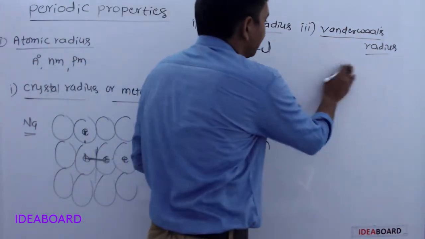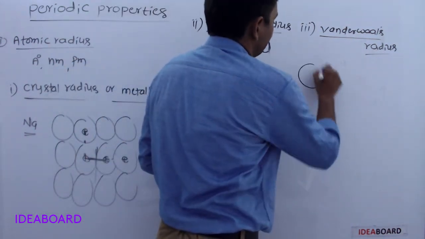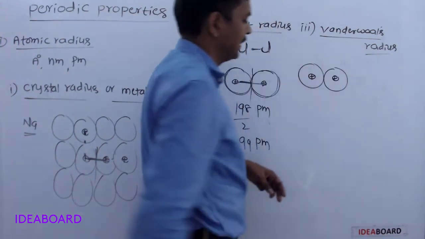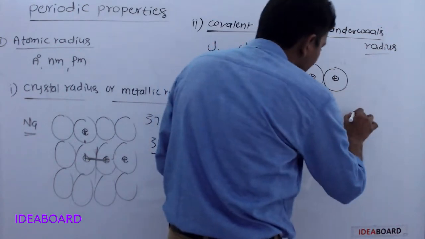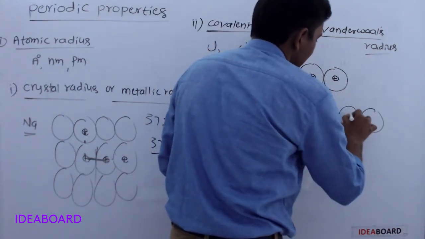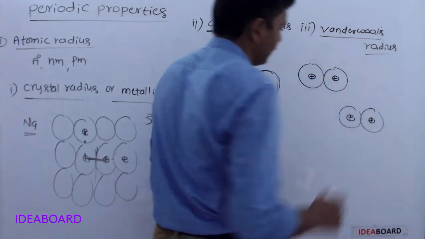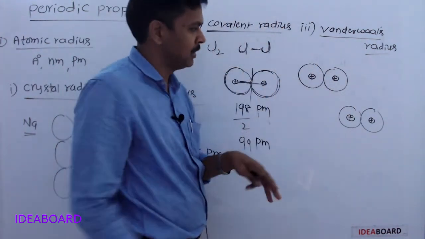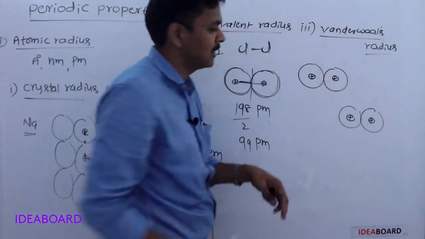This is one Cl2 molecule, and I am taking another Cl2 molecule. Within a Cl2 molecule, a covalent bond is present.